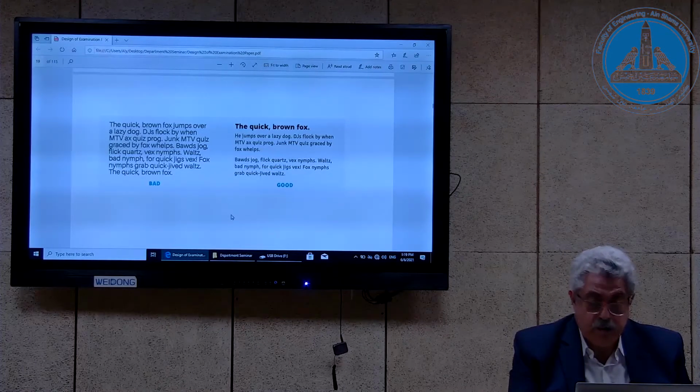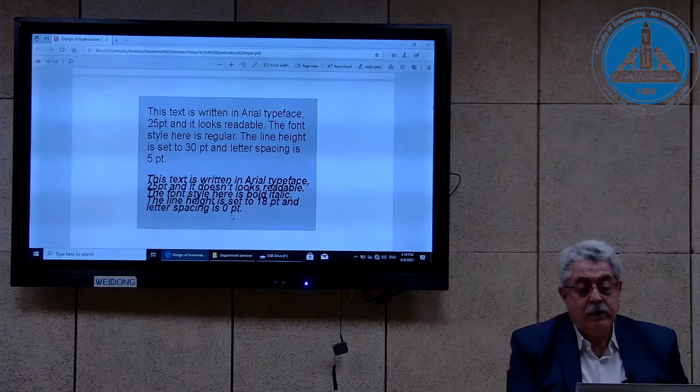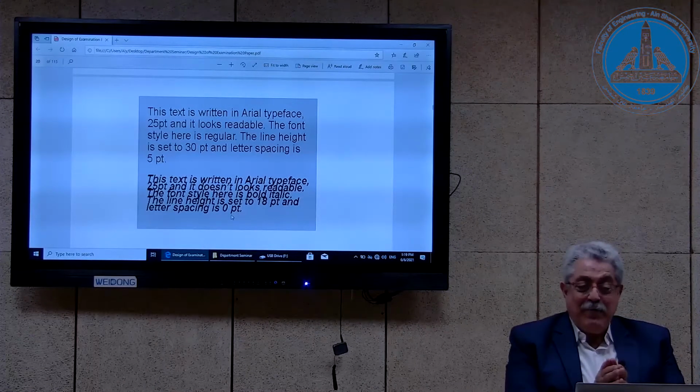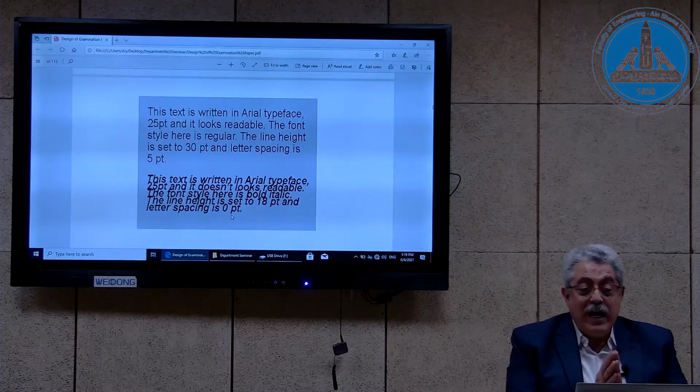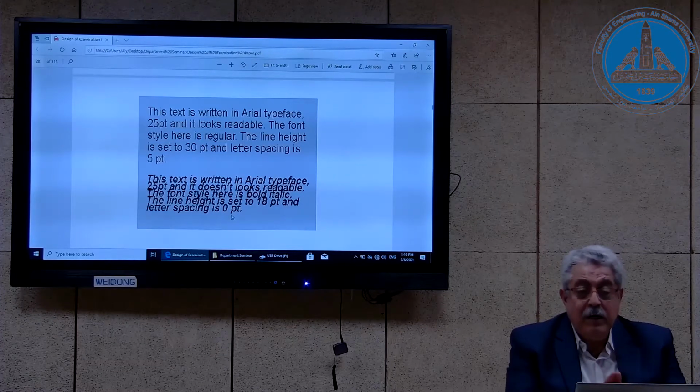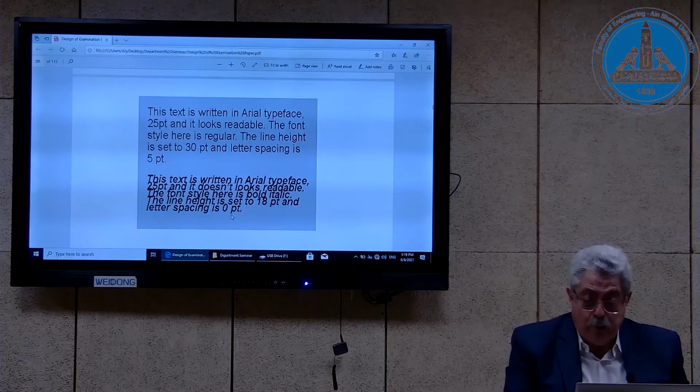More examples. Here also it shows you text written in Arial typeface, 25 point, and it looks readable. The font style here is regular. Regular means vertical. The line height is set to 30 point and the letter spacing is 5 point.